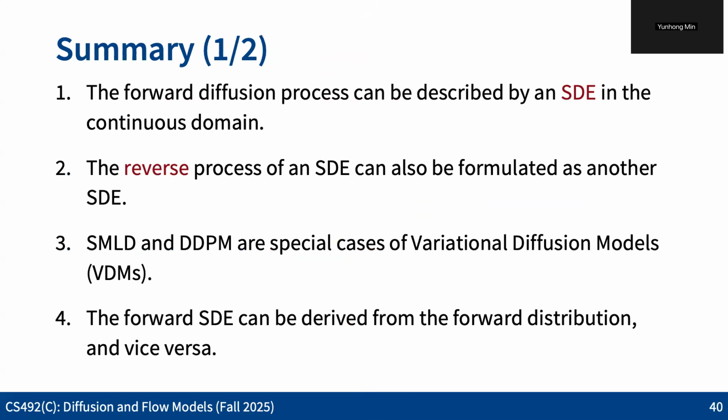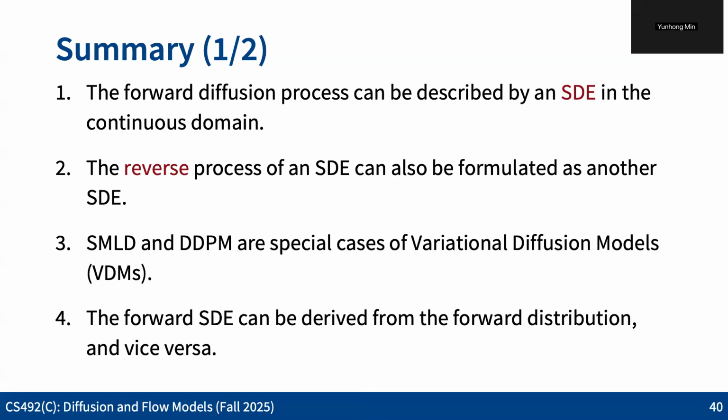So the summary here is that, while we have seen lots of formulations, what I wanted to deliver for today is how we can connect the forward transition distribution and the forward jumping distribution, and how these are also connected to the SDE formulation. How we can go back and forth between these two. So basically, all the forward diffusion processes can be described in the SDE formulation in the continuous time domain.